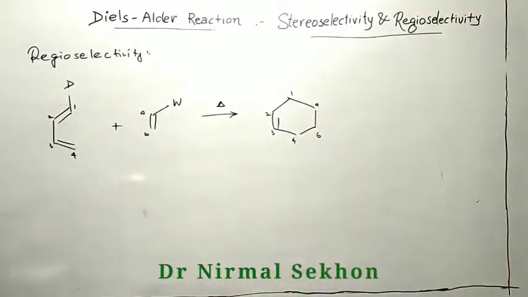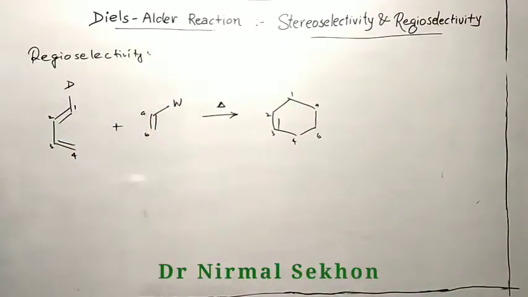So now find the groups attached. This D group is outside. And your W group, which is present in the dienophile, that is exo. And outside and exo are opposite to each other, according to the rules.